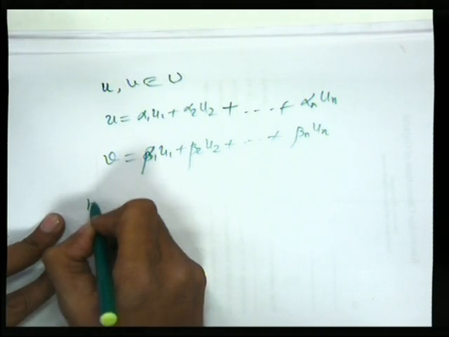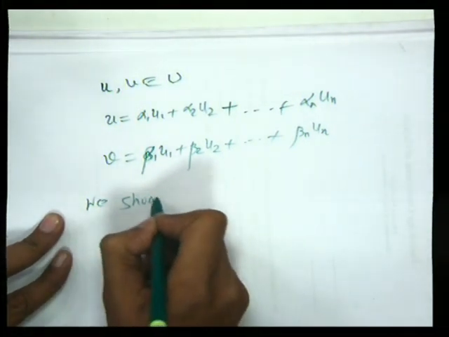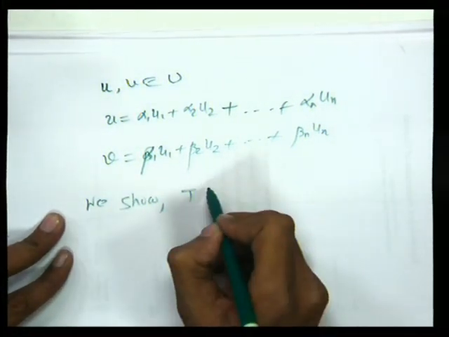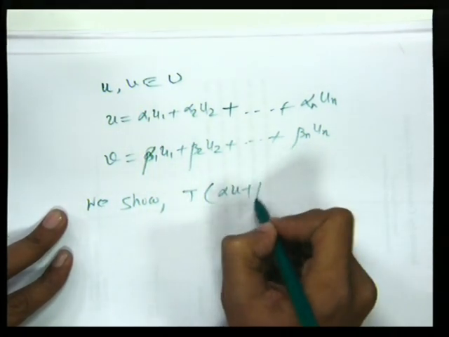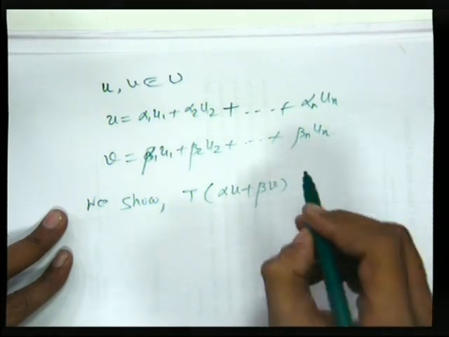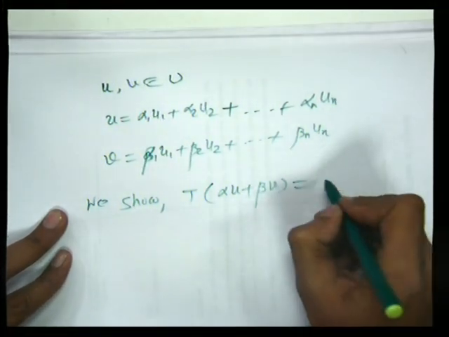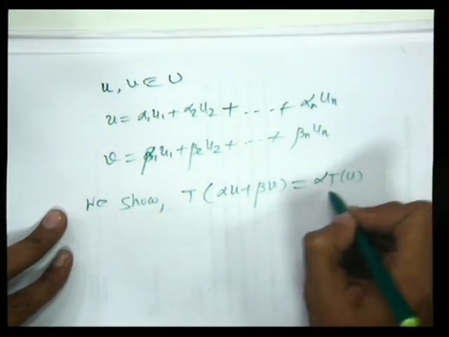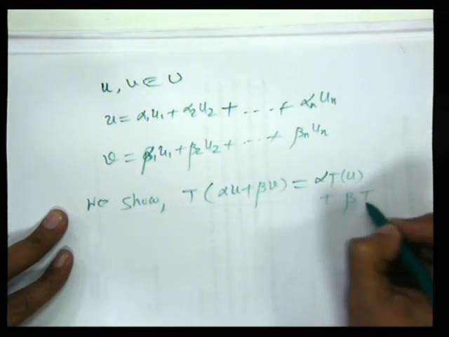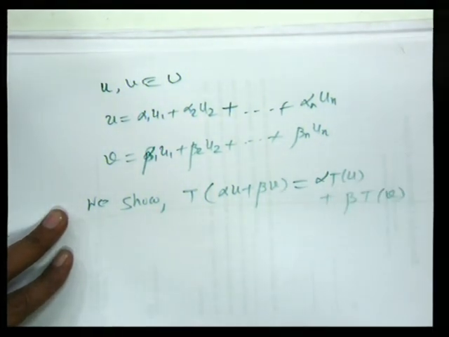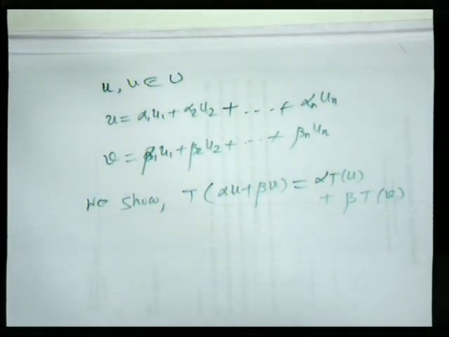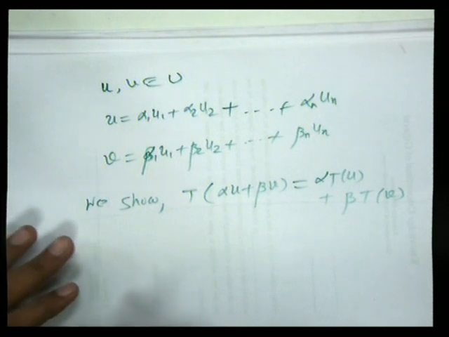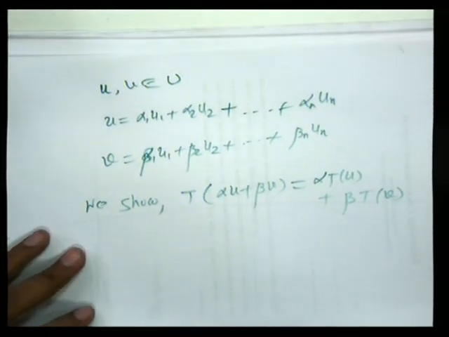We show that t of alpha u plus beta v equals alpha times t of u plus beta times t of v. That will prove that the function defined this way is a linear transformation.